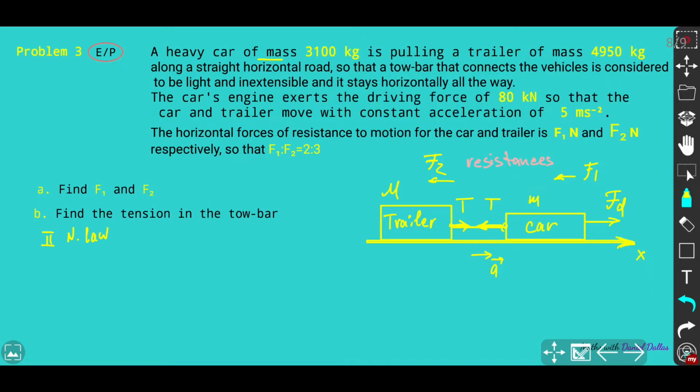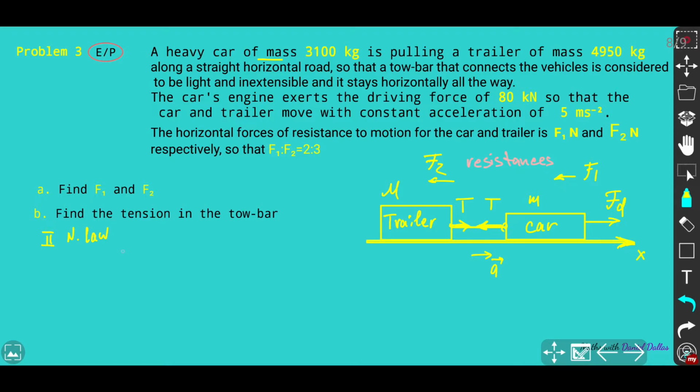All right, so what I'm gonna do, I can actually consider the whole object as a single one, but for those who are not sure why you can do that, I will compose the two equations for the car and for the trailer. Why? Because in the next question we need to find the tension, so I think it would be valuable anyway.